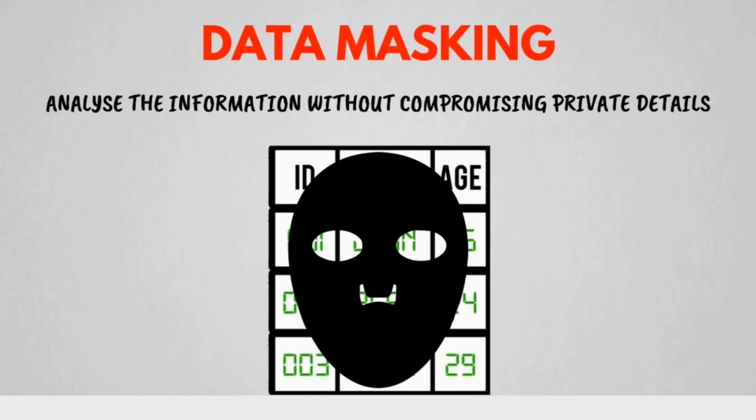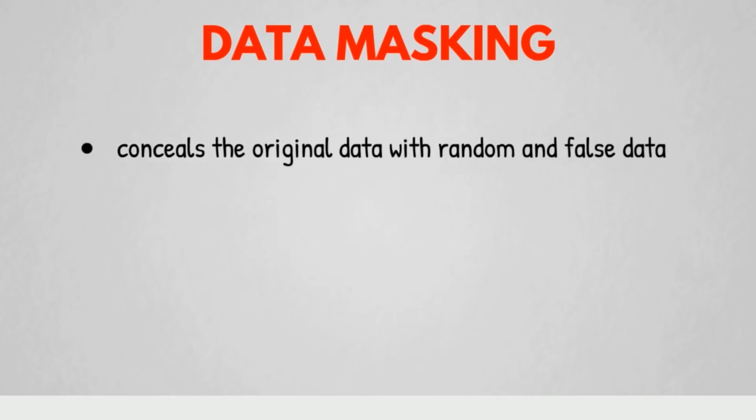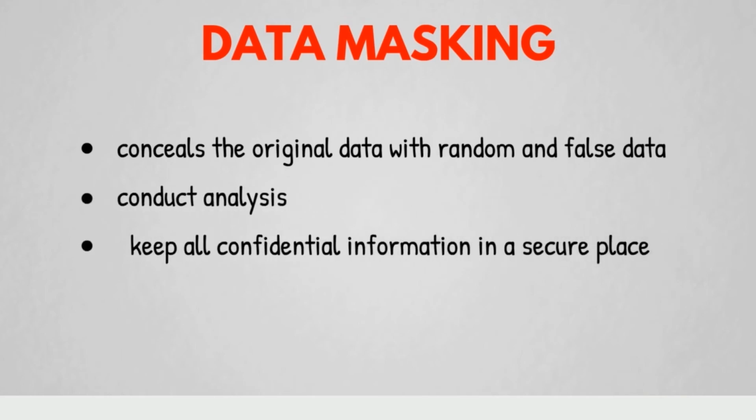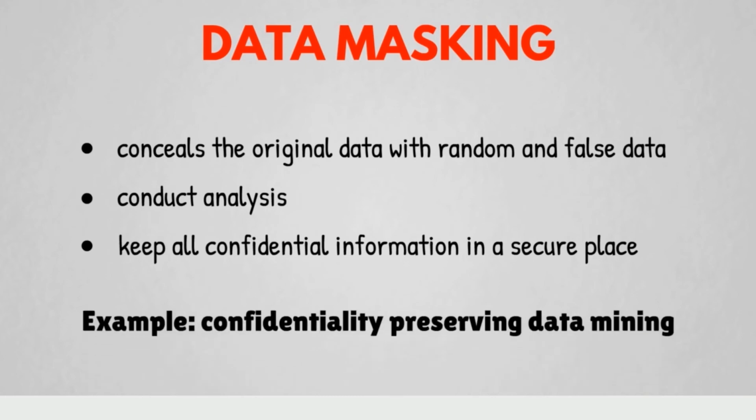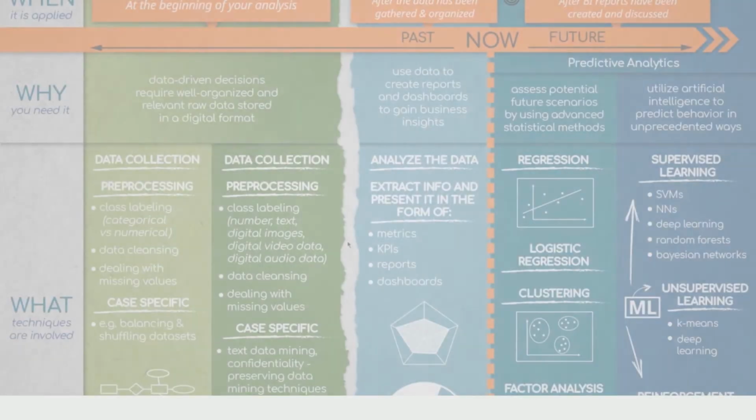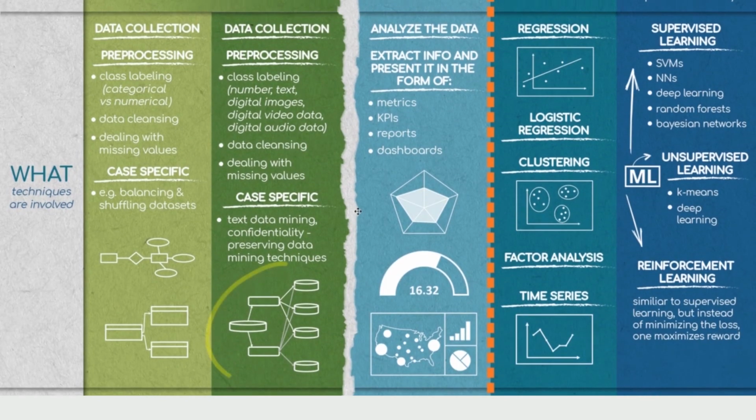Like data shuffling, data masking can be quite complex. It conceals the original data with random and false data, allowing you to conduct analysis and keep all confidential information in a secure place. An example of applying data masking to big data is through what we call confidentiality-preserving data mining techniques.